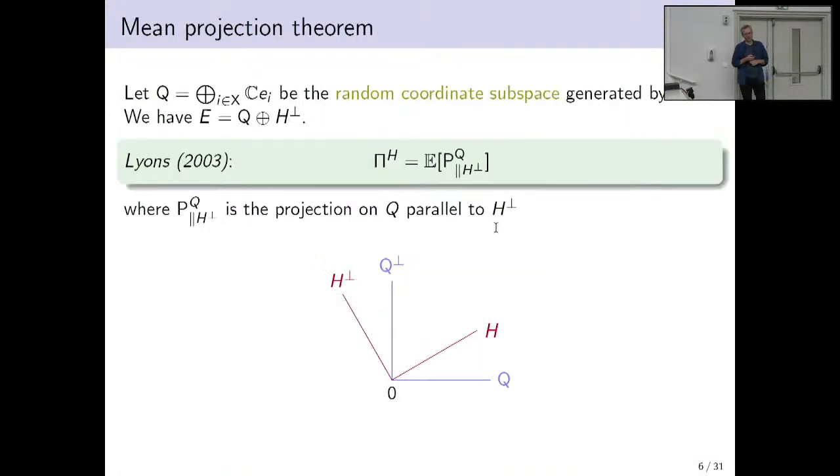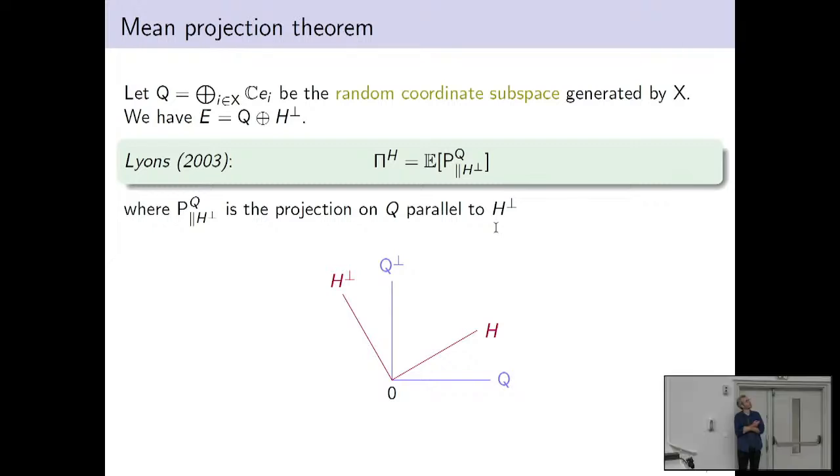Now let me state another geometrical fact which is known and is basically due to Lyons, but maybe was not exactly phrased in this way, which I call the mean projection theorem. So remember now I have my setup, which is a random subset X of a certain set, and these e_i are the orthonormal basis of E. Now I can look at the coordinate subspace spanned by this X, and this defines just a random coordinate subspace.